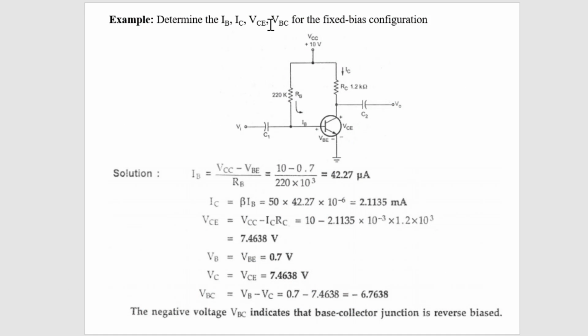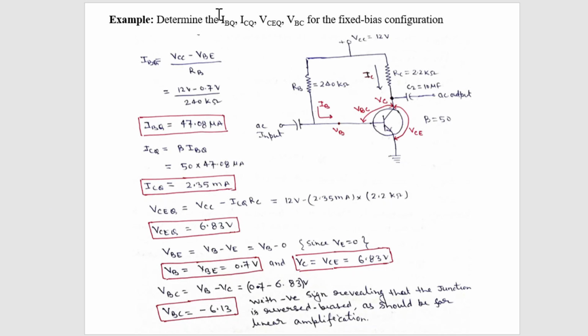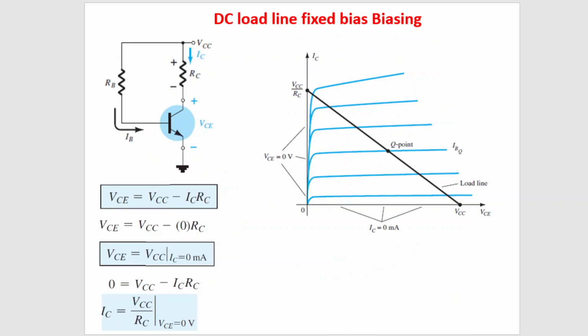Then I explained and solved a numerical problem based on fixed bias configuration. And then I gave another example on fixed bias configuration. Then I explained the DC load line for the case of fixed bias configuration.